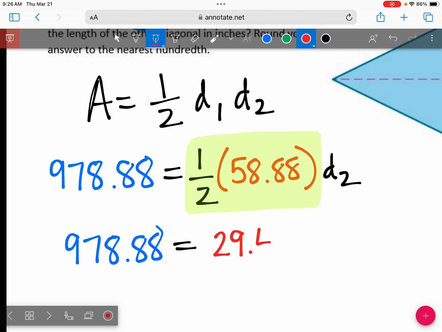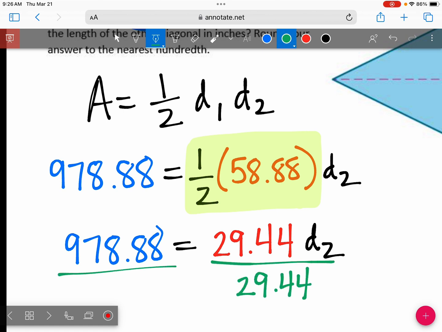29.44. Anybody else get 29.44? So 29.44 times diagonal 2. So what do I need to do to figure out the length of diagonal 2? Not subtract, because they're being multiplied. So what's the opposite of multiplication? Division. Good. So divide both sides by 29.44. So pick up your calculator.